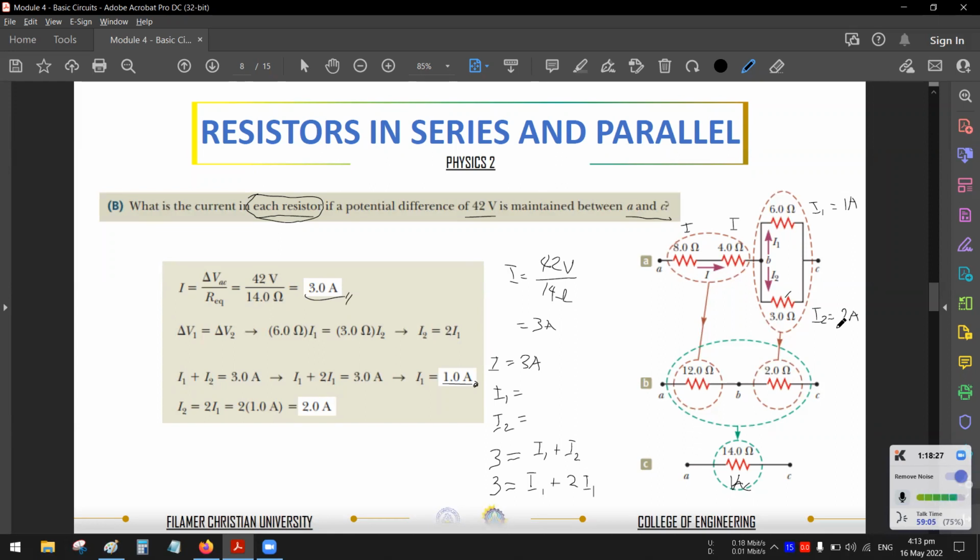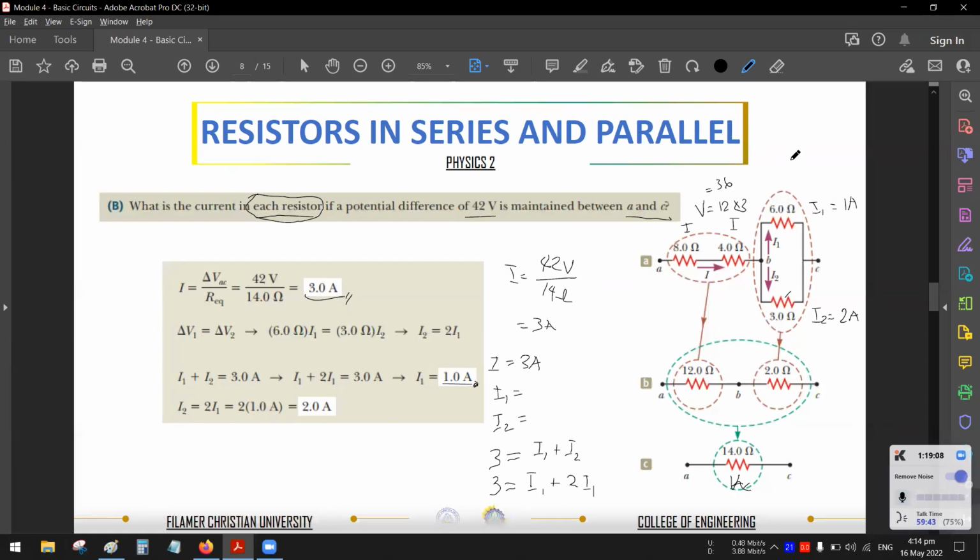And you have your 12 ohms mo, ito, 12 ohms times the current, which is 3, diba? So that is 36 volts. So kung total mo siya, 36 plus 6 plus 6. So yung voltage dito is 12 times current na 3, or this is 36.